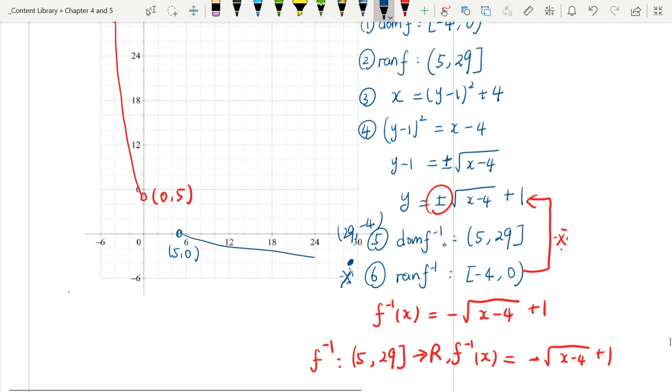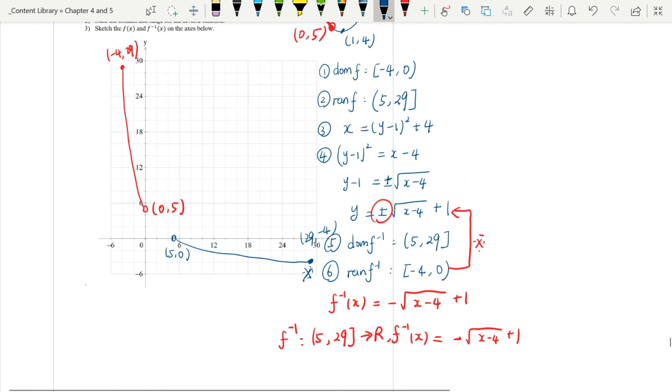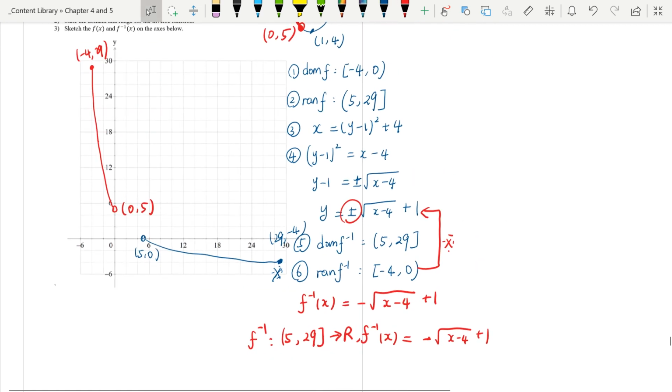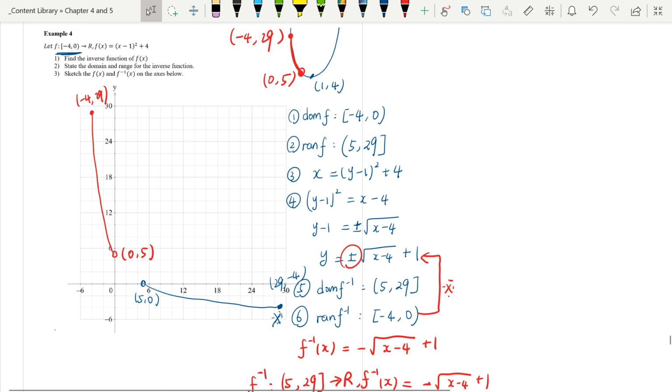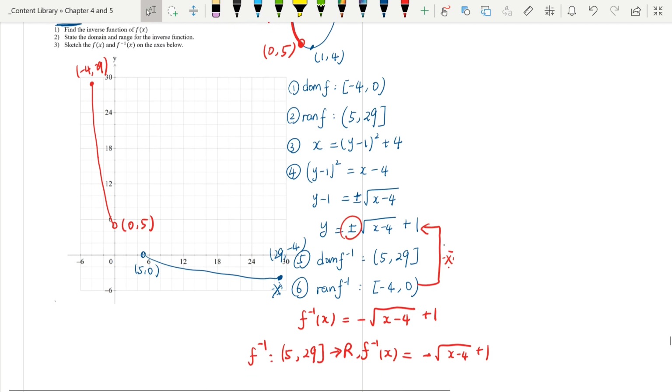And you know that's a square root, so the shape is like that. And what you're glad to see is there's no intersection between them. I don't need to find intersections now.